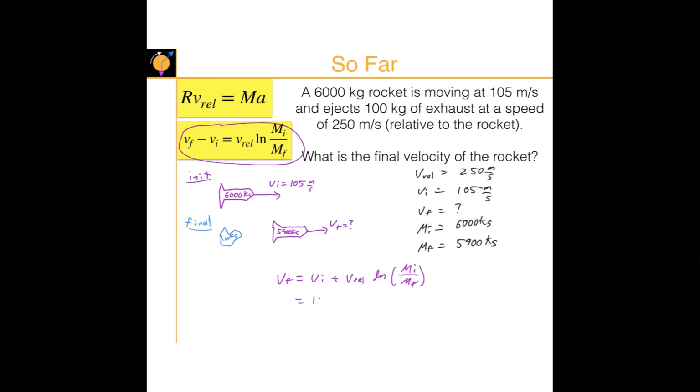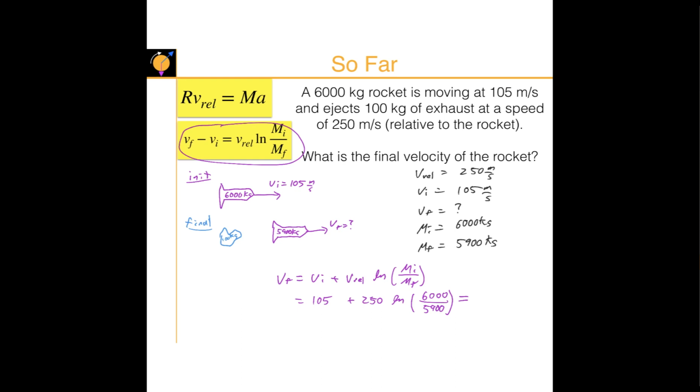So V initial is 105, I'll put in units at the end, plus V relative is 250, and then it's the natural logarithm of 6,000 kilograms divided by 5,900 kilograms. And that gives us a final speed of, let me do the calculation real quick.